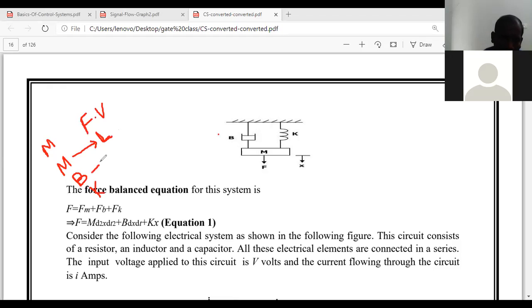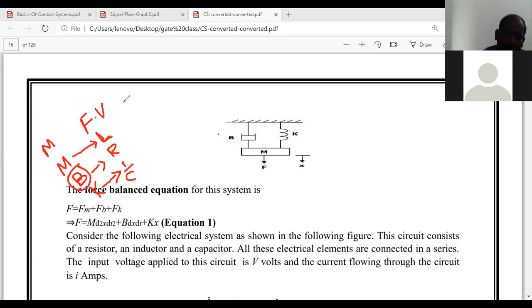And B is represented by R, resistor. The dashpot is equivalent to a resistor in the electrical system. And K is 1 by C, capacitor.